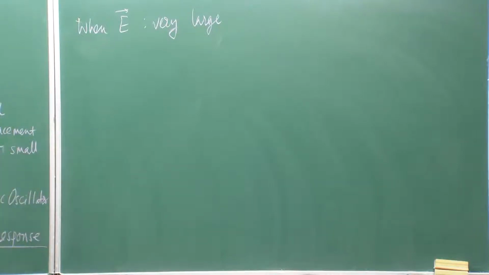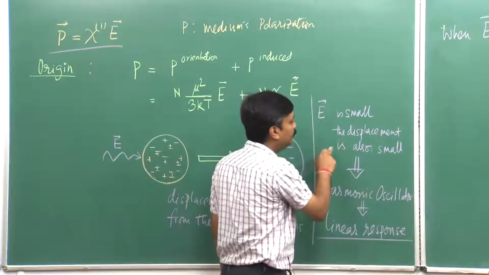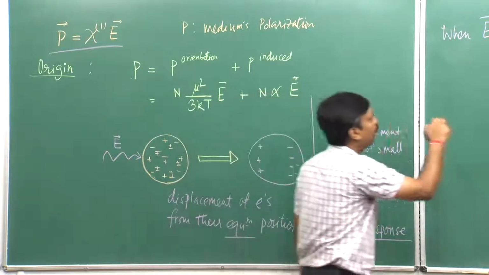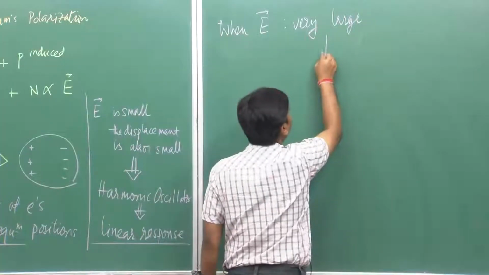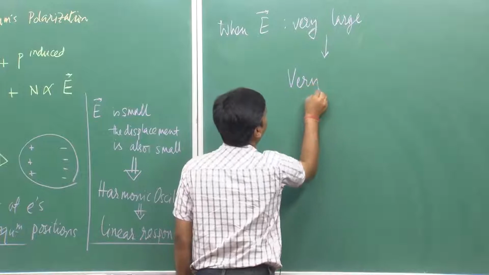Then the electric field is very large, so this will be just opposite to the effect where small E creates a small displacement. So, a very large electric field will cause very large displacement.